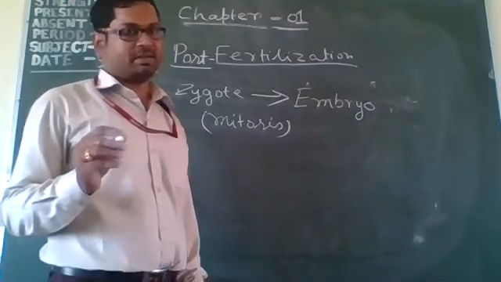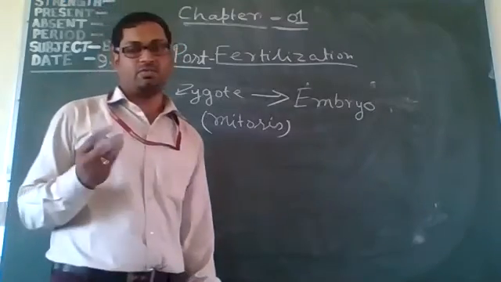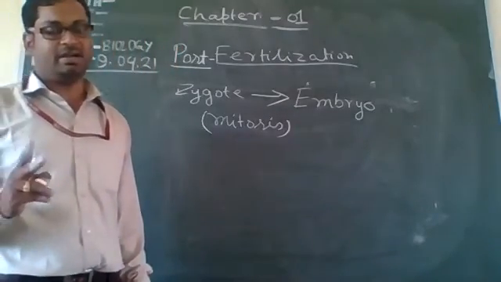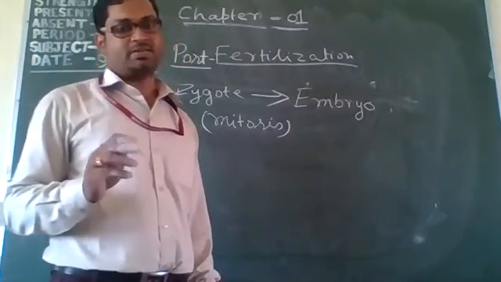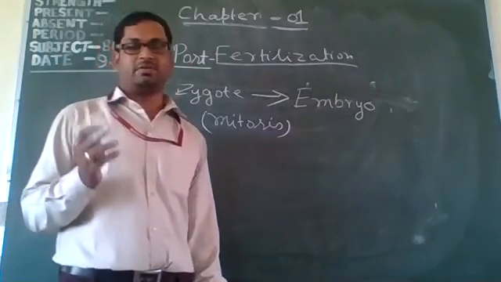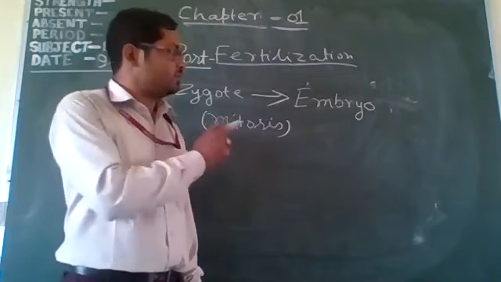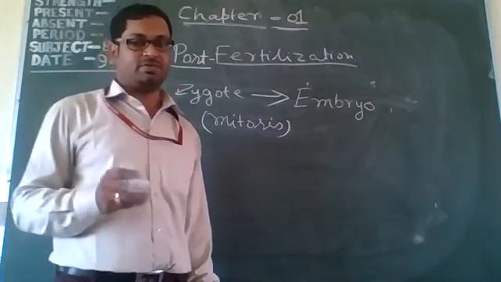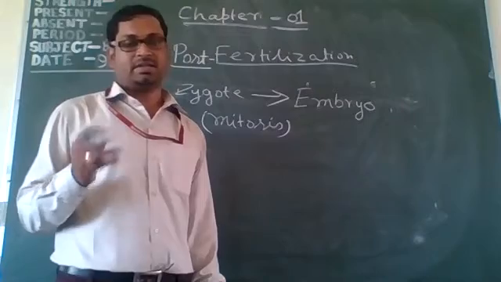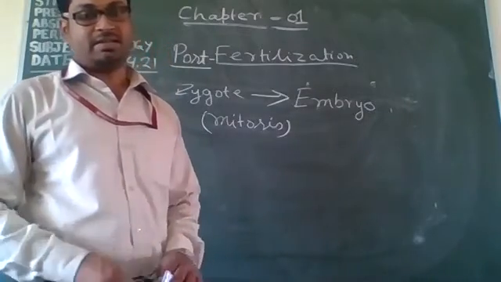According to the presence and absence of endosperm, seeds are of two types: albuminous seed and non-albuminous seed. When endosperm is present, it is called albuminous seed, and when endosperm is absent, totally used during the formation of seed, it is called non-albuminous seed. Clear?